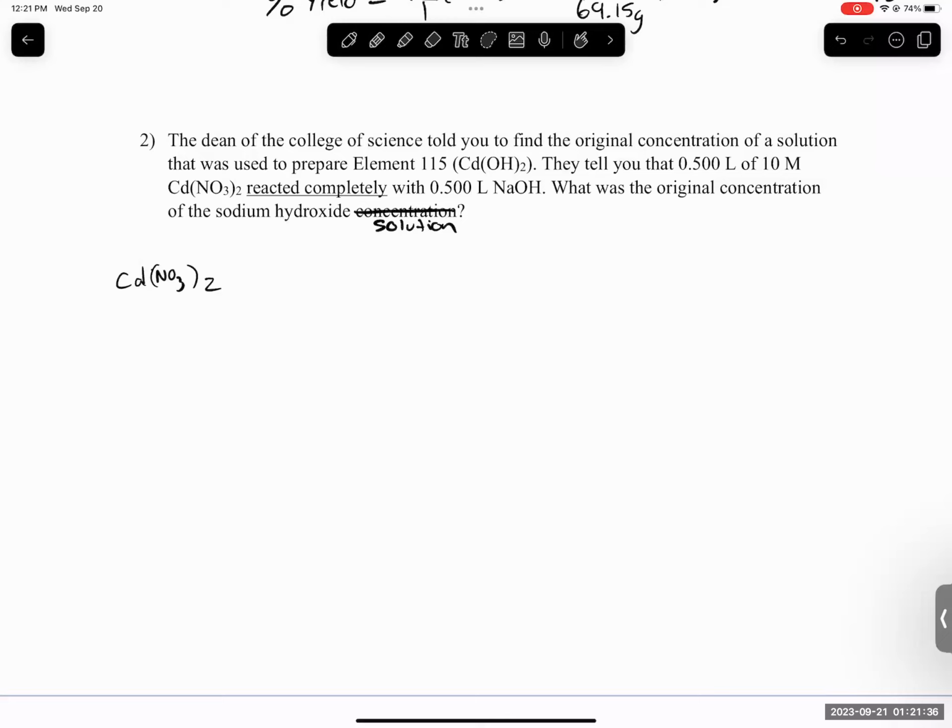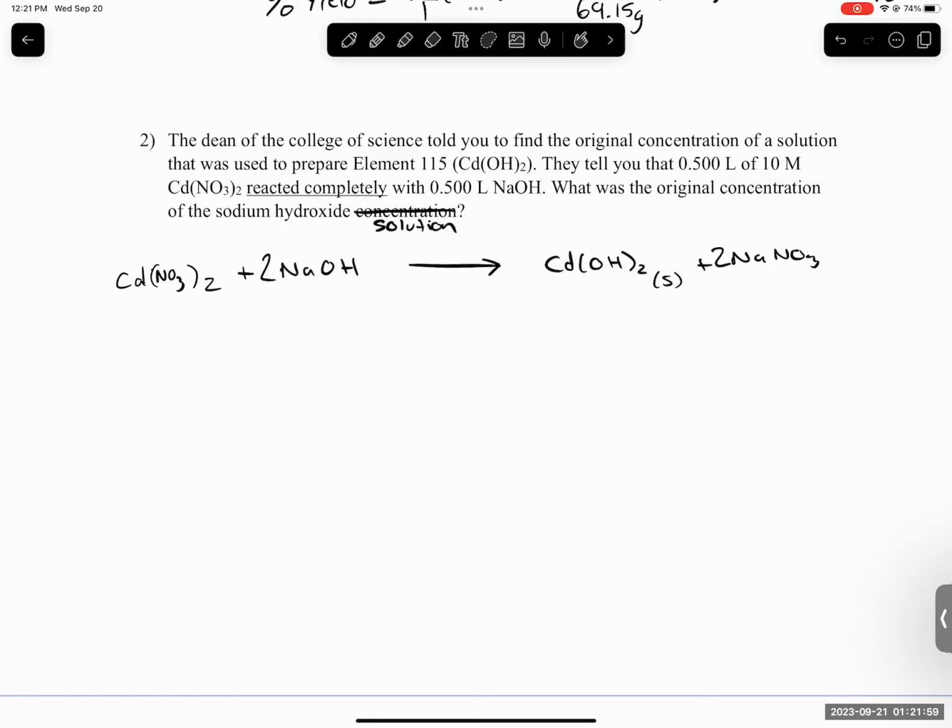So cadmium nitrate reacts with sodium hydroxide to form cadmium hydroxide, which is going to be solid, plus sodium nitrate. And balancing this will give us 2 over here, 2 over there, and we're good.